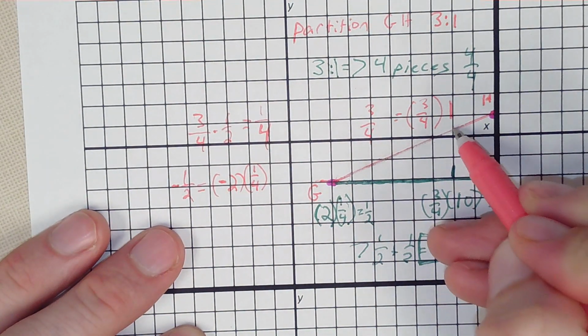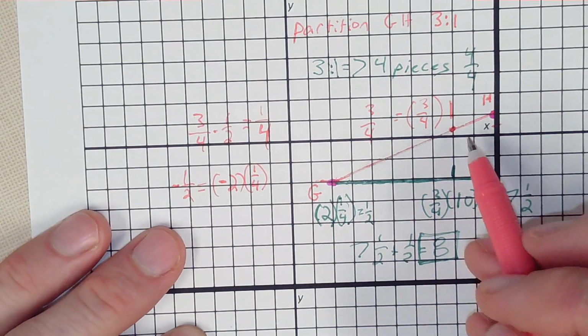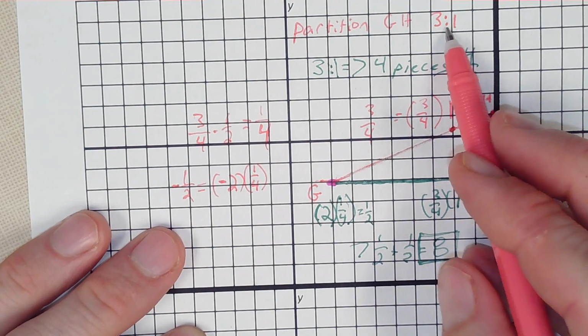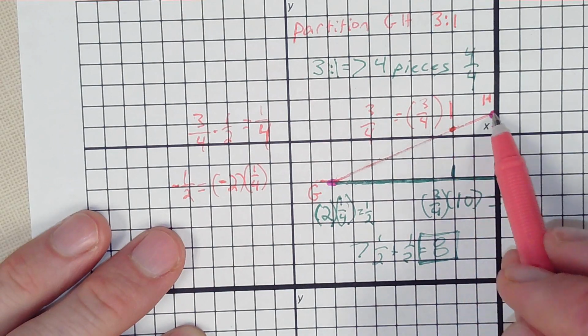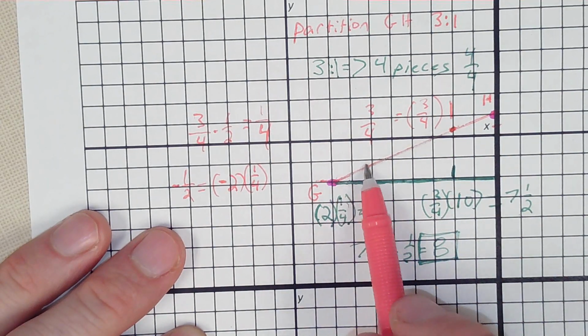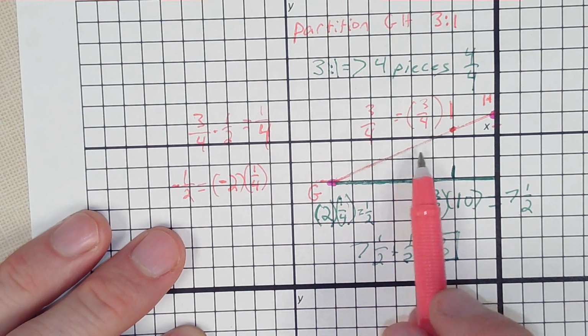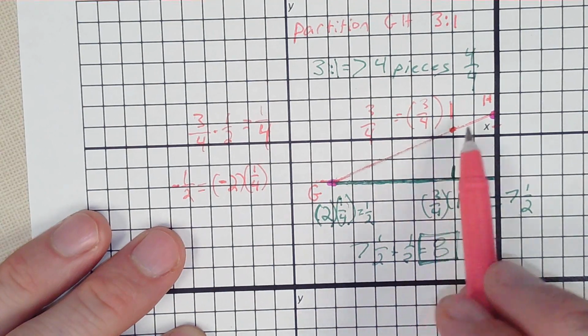So that looks like right there. So this is my point. That's going to partition this out of 1, 2, 3 to 1. So if I look at this, look at my x value, that's really what gives it away. 3. This is going to be 1, 2, 3 to 1.